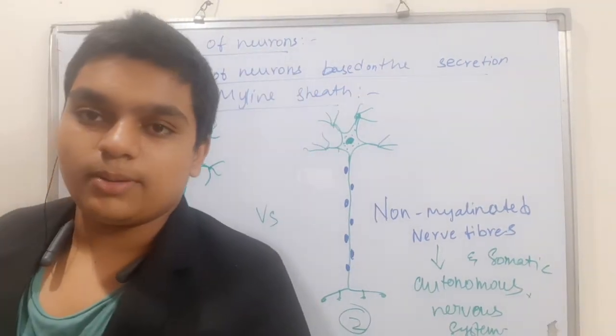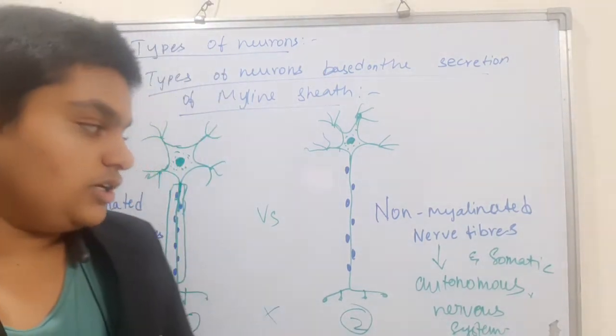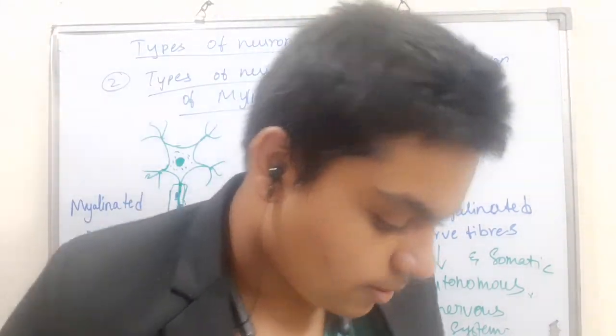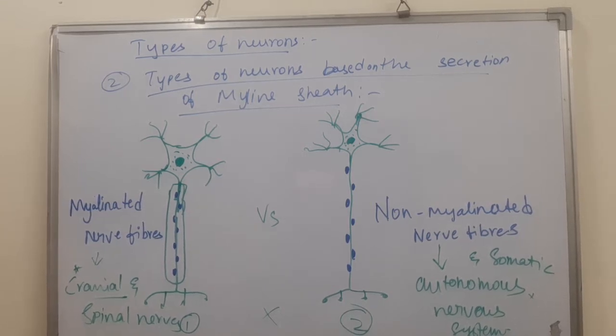If you want to remember very clearly the difference between these two, just remember the diagram of non-myelinated and myelinated. Now this is one type of classification of nerves or neurons or nerve fibers, based on whether the myelin sheath is secreted or not. If myelin sheath is secreted by Schwann cells, they are called myelinated.